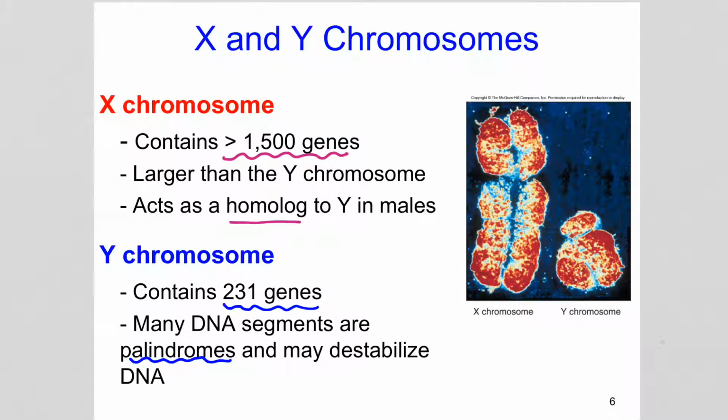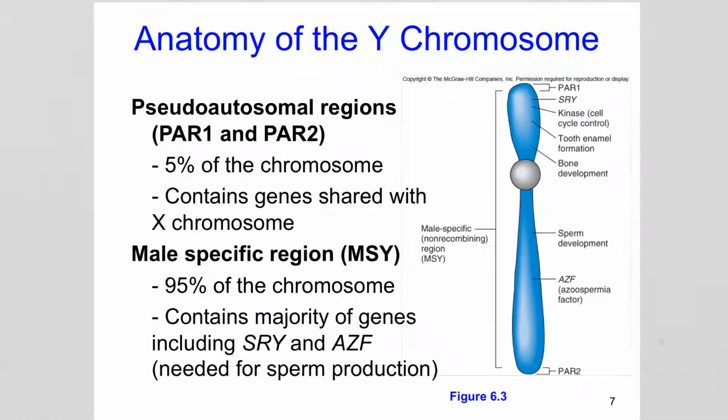And we've already talked about the most important one of these genes, our SRY gene, because it influences gonadal and duct development. So here we have a schematic of the Y chromosome. Let's take a look at its unique anatomy.